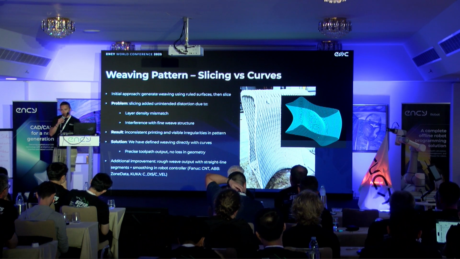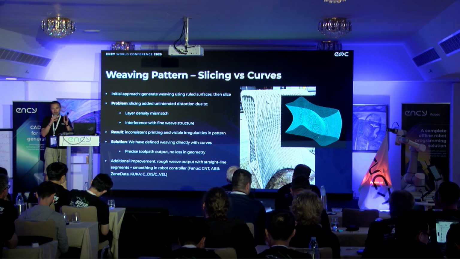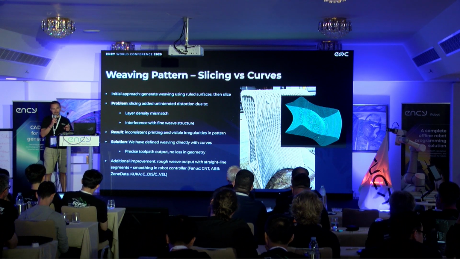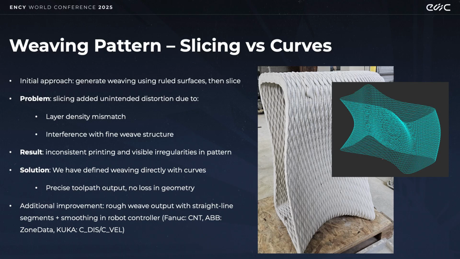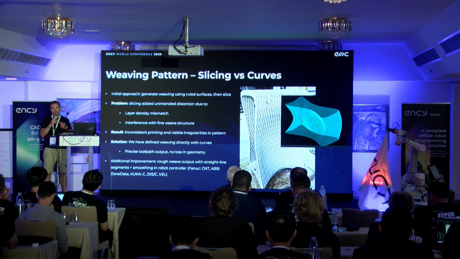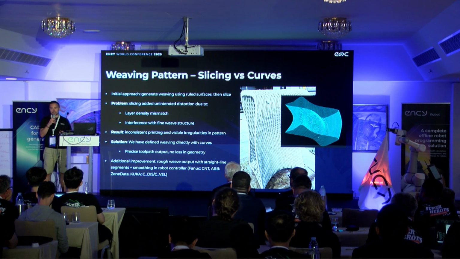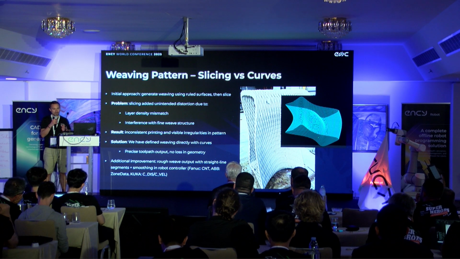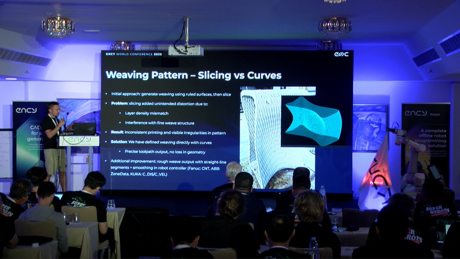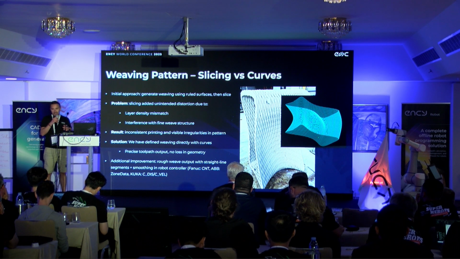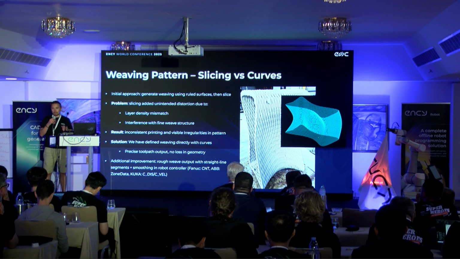Next issues we faced, especially with concrete printing, are weaving patterns. Usually designers would like to show that 3D printing is better than traditional methods, and this weaving pattern you cannot get with traditional methods, but it looks really fascinating, and designers would like to use it.